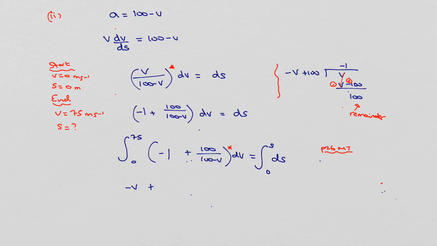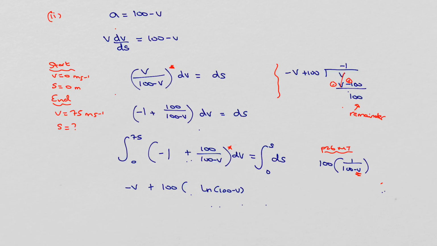If you can't spot it, take out the 100 and you'll see that you have 1 over 100 minus v. So that means it's going to be 100 times the natural log of 100 minus v. But of course, we also have to divide by the derivative of the denominator.